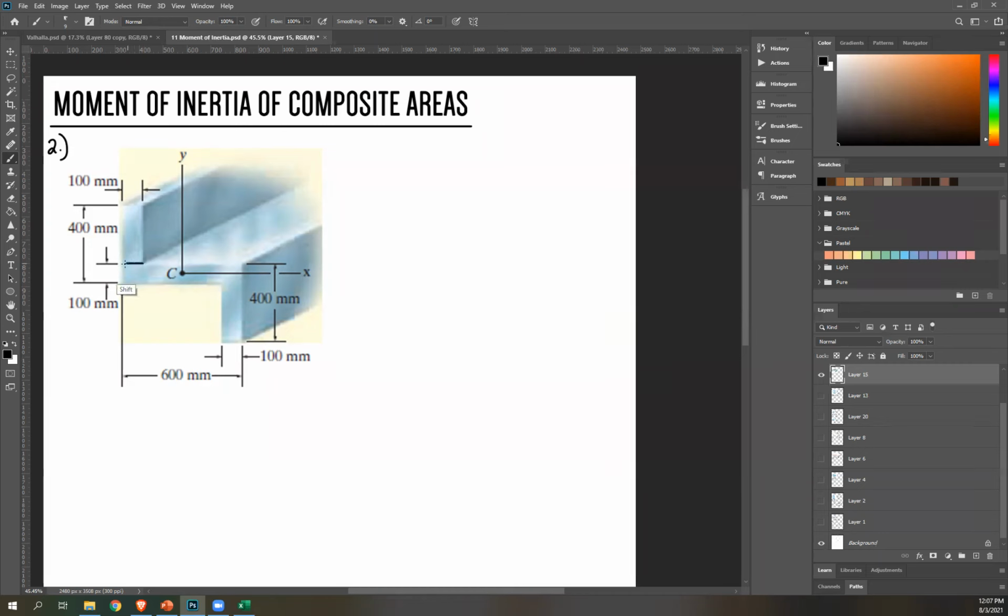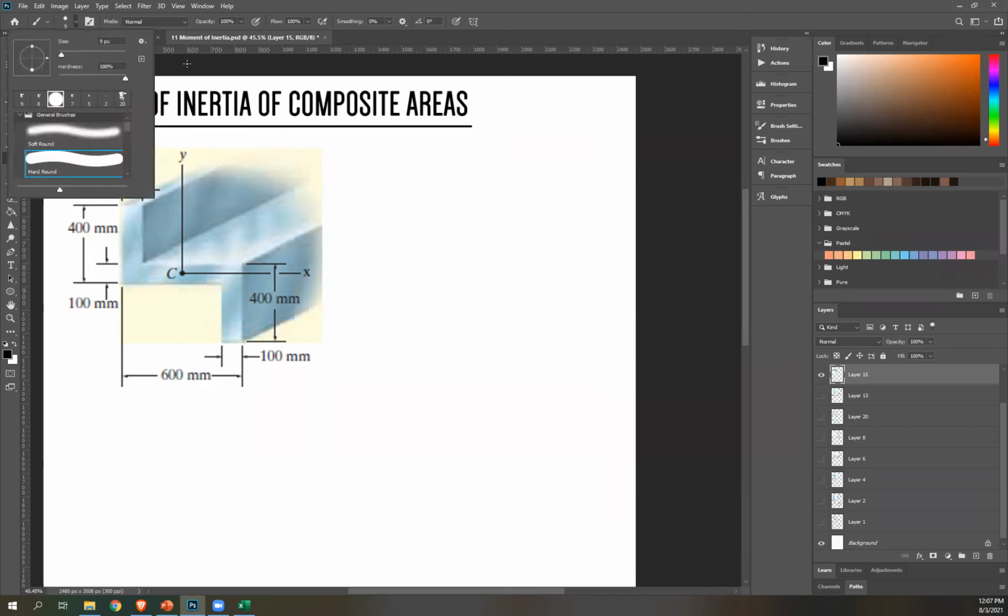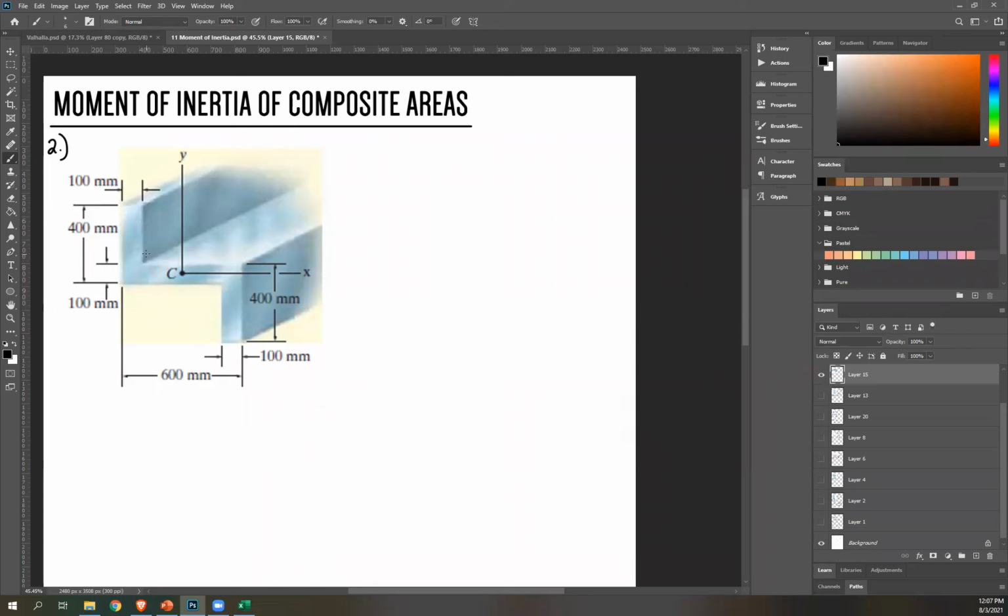So the way that I'll divide this is like this. So one rectangle, right? And then another two for the sides.